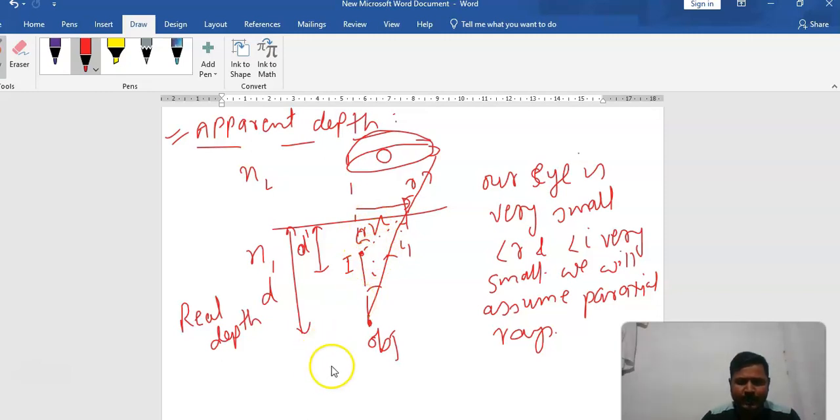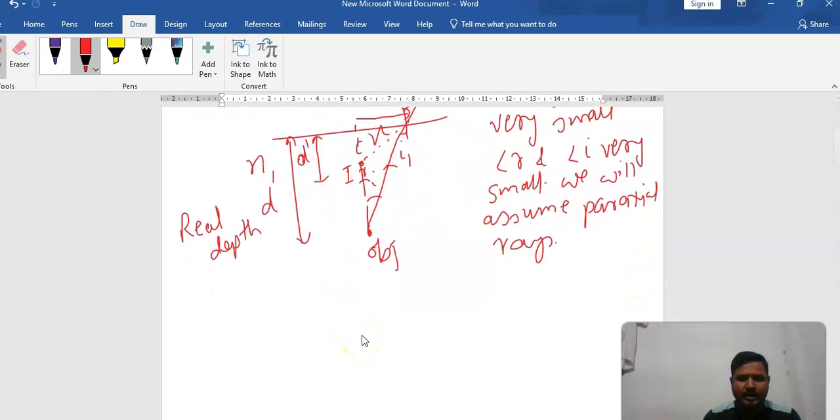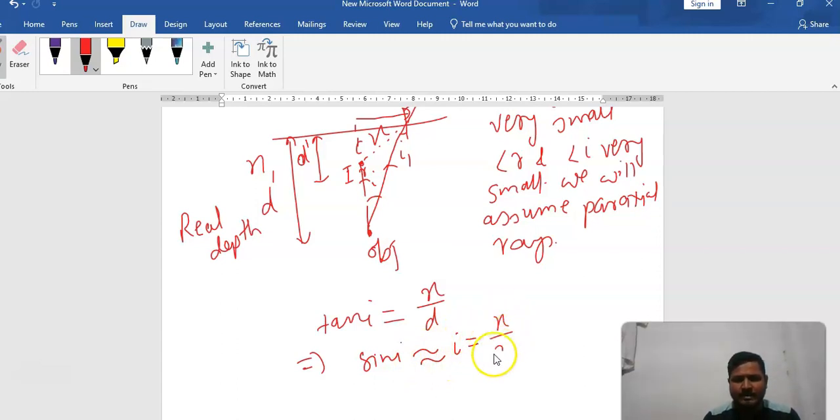So we will look at the value of tan i. The tan i will be x by d, right? Since the angle of incidence is very small, tan i is almost equal to sin i, and sin i is almost equal to i, which is equal to x by d.